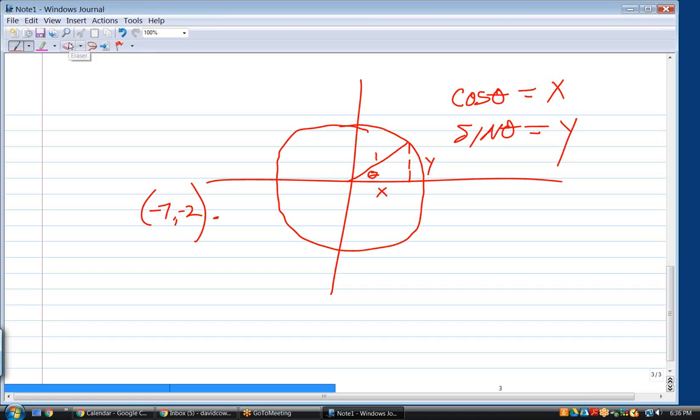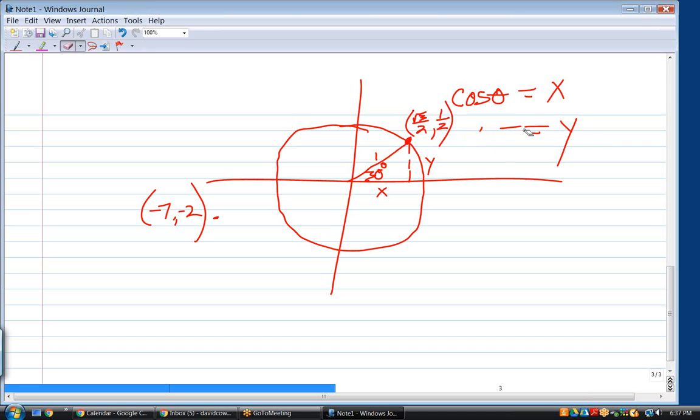In other words, if I put 30 degrees there, then I know the x and y coordinate of that point. The x coordinate is going to be the cosine of 30 degrees, and the y coordinate is going to be the sine of 30 degrees.